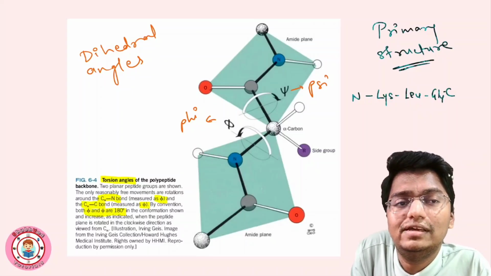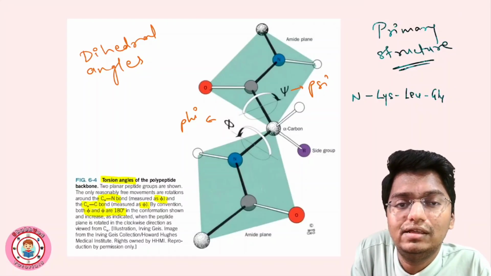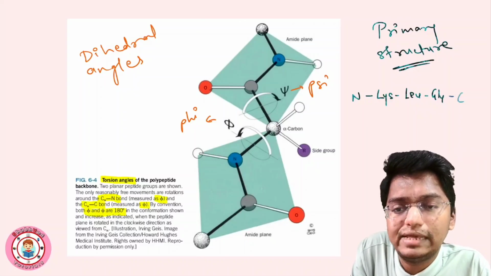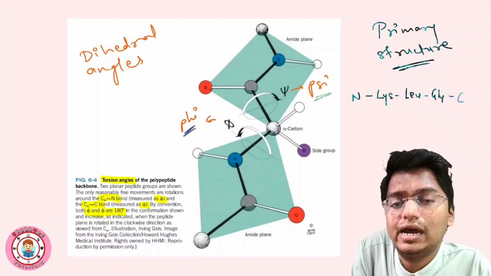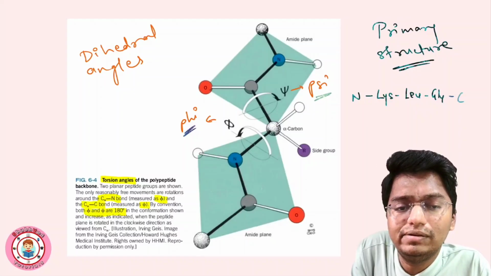So basically suppose this is a 3 peptide chain, a sequence of 3 amino acids. Got it? So this is the primary structure, but the amino acids are joined by peptide bonds, as we know. So these angles, phi and psi angles, are important for secondary structure as well, right? So they are important for secondary structure too.